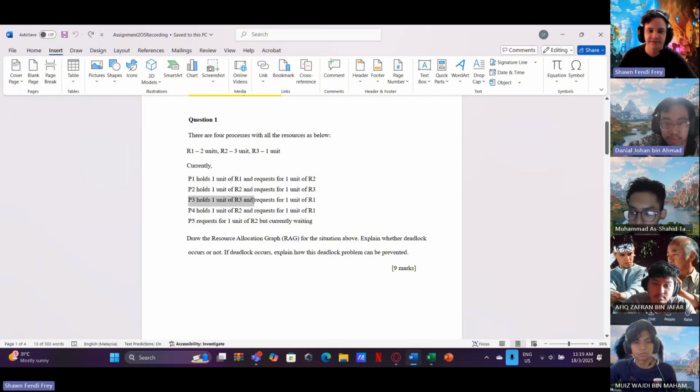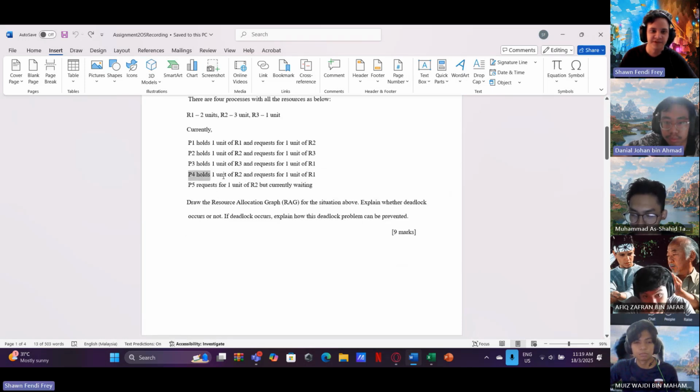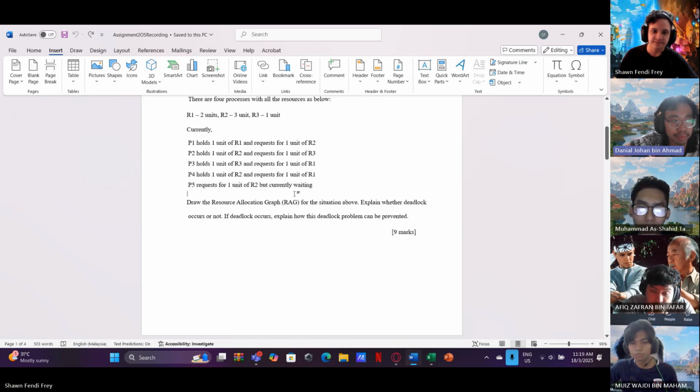P3 holds 1 unit of R3 and requests 1 unit of R1. P4 holds 1 unit of R2 and requests 1 unit of R1. P5 requests 1 unit of R2 but is currently waiting. For the first step, we have to draw the resource allocation graph for the situation above.